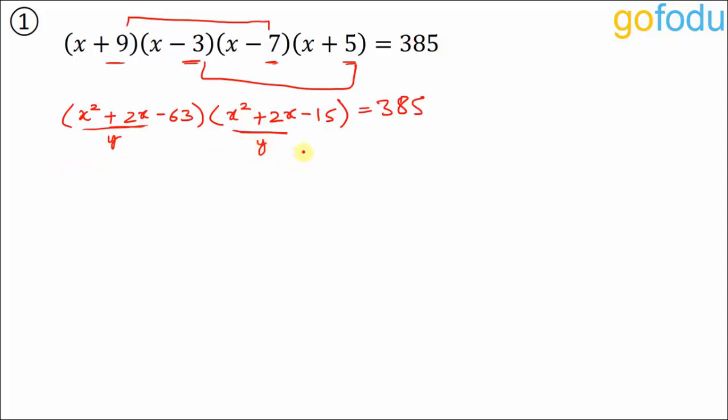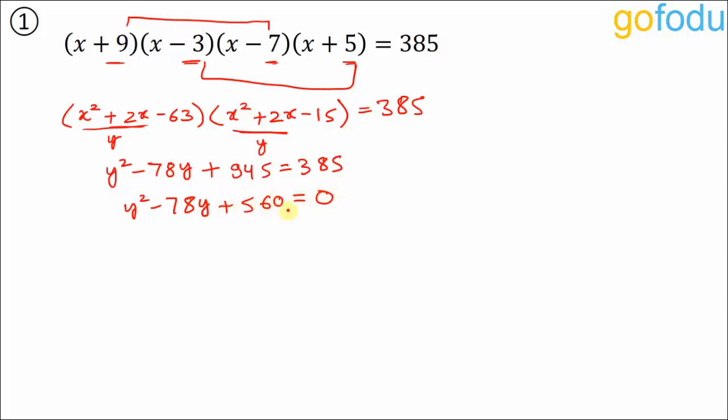This is y minus 63 into y minus 15, which when the brackets are opened will come out as y square minus 78y plus 63 into 15, which would be 630 plus 315, is equal to 385. And this is y square minus 78y plus 945 minus 385, which is 560, equal to 0.